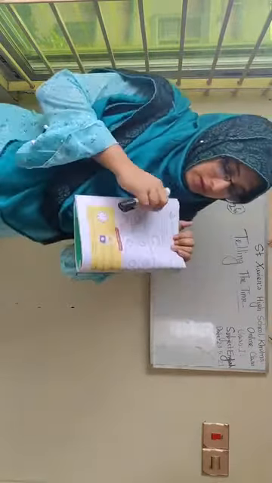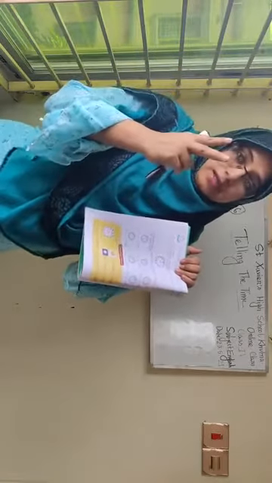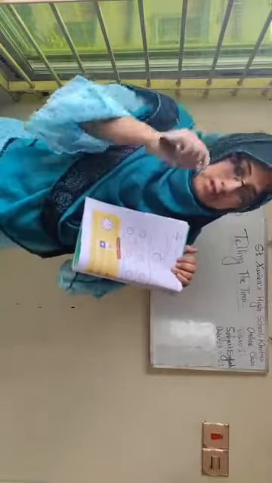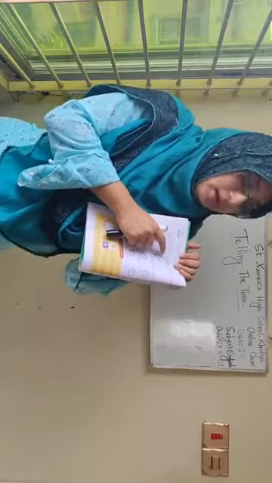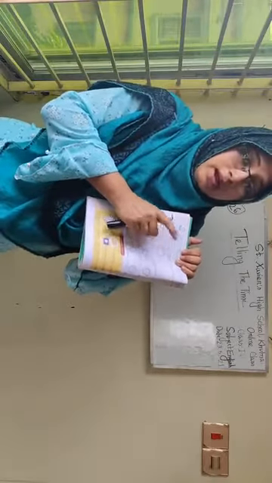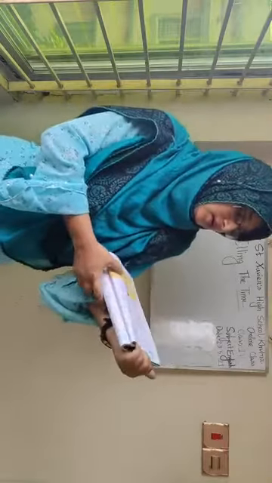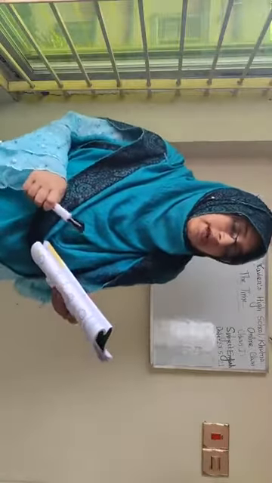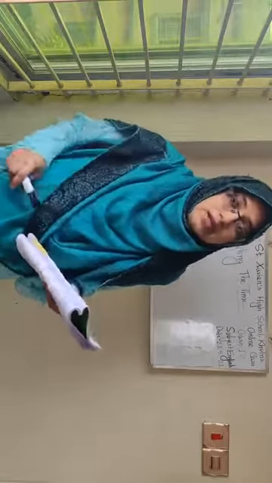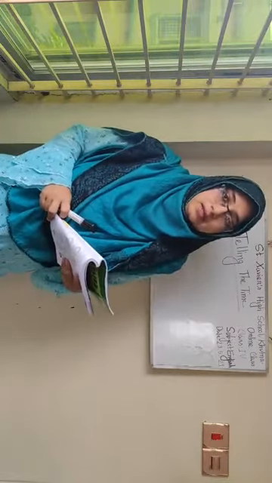In your textbook you see that there are two kinds of hand. One is the short hand and it is in red color, and another is in blue and it is long, right? So short red hand is the hour hand, and long blue hand is the minute hand.